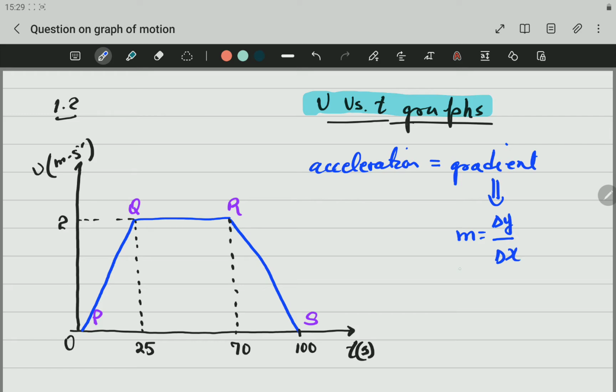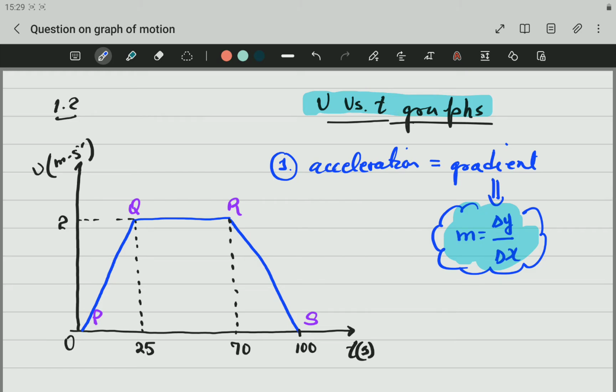This is how we calculate gradient. It is used in mathematics, so it should not be a big problem to learn how to calculate the gradient. Now, the gradient will give us the acceleration of the object in a certain part of the motion.